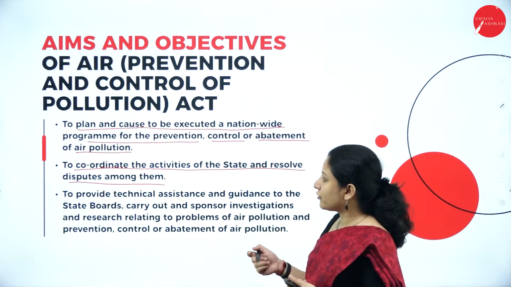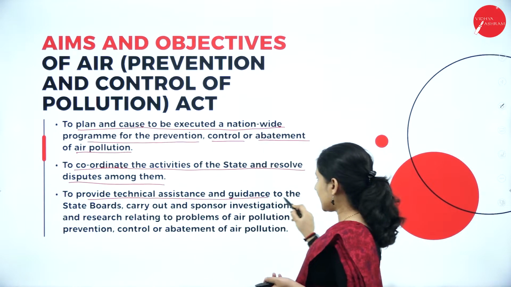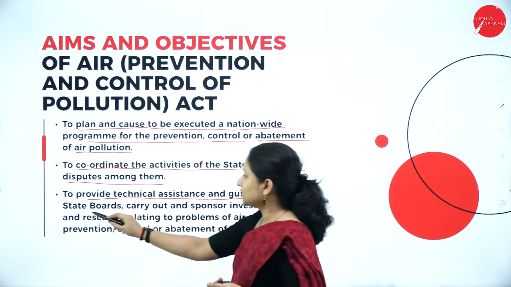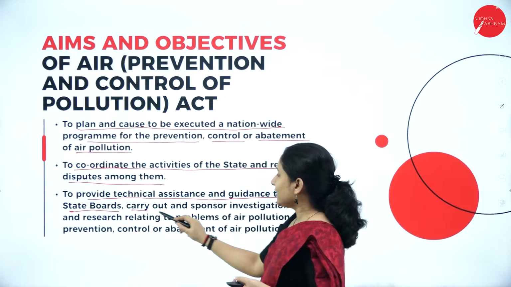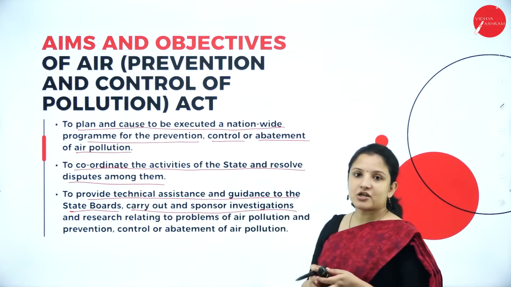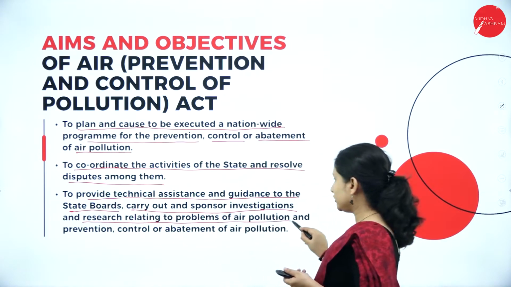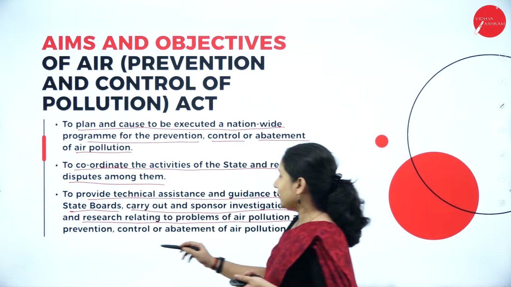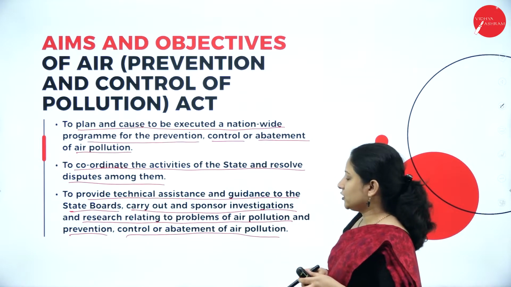These are also the objectives, and it provides technical assistance and guidance to the state boards so that the state boards, the committee members, can carry out and sponsor investigation and research relating to problems of air pollution and how they can prevent, control or abate air pollution.